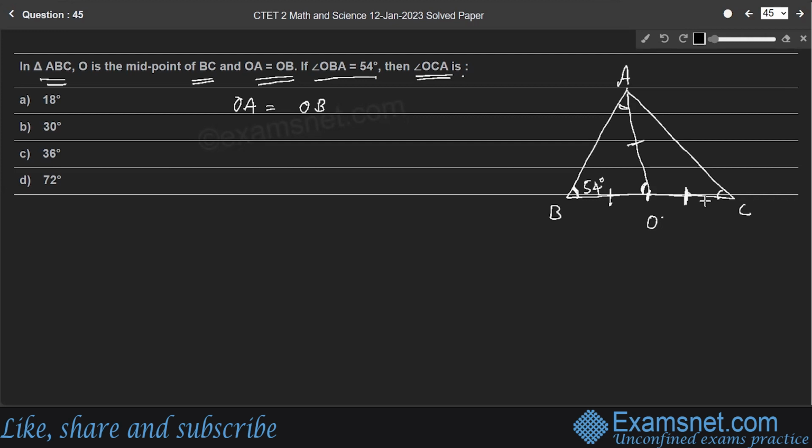So in triangle ABO, angle OBA is equal to angle BAO, which is 54 degrees. These 2 angles are equal because if you consider 2 sides which are equal, their opposite angles are equal.